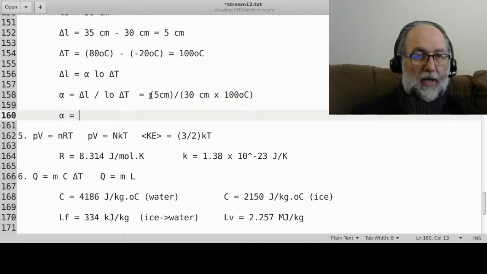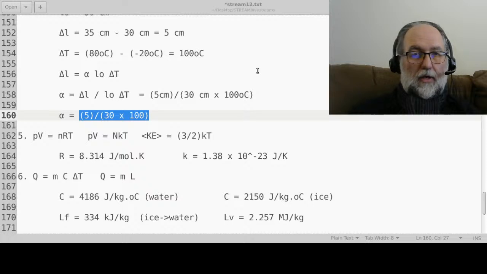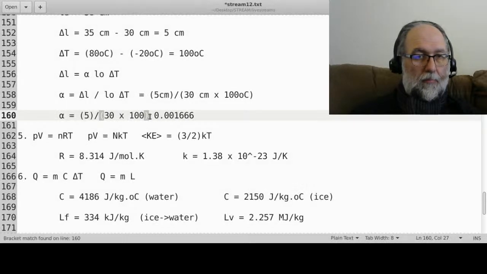Well, let me just write this without the units so I can cut and paste into my calculator here. And it is this number right here. It's equal to that. Let's round it off. There we go.